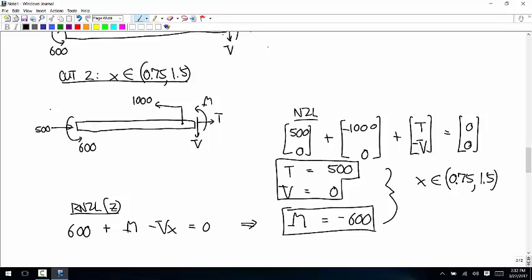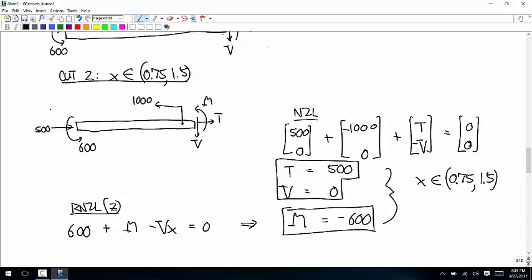This is both of them because it is counterclockwise. But if this said 600 and I drew the arrow clockwise, then you would enter it in here as a negative 600. Oh, okay. So counterclockwise is positive when you go to the rotational equation.